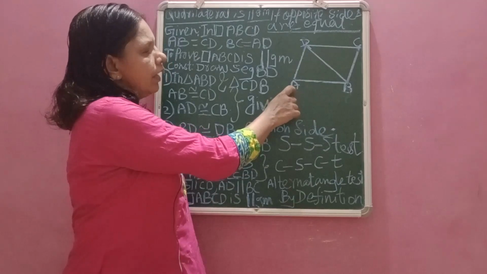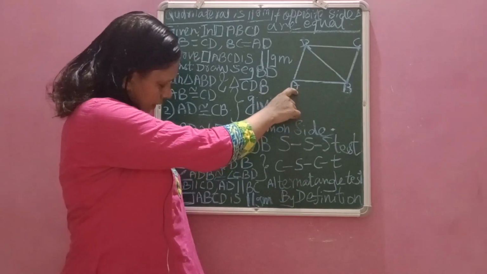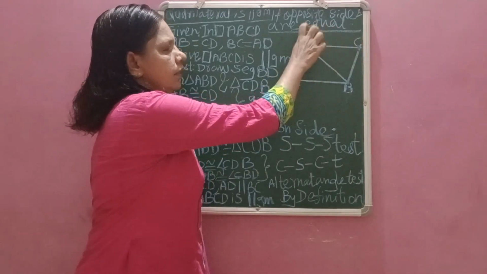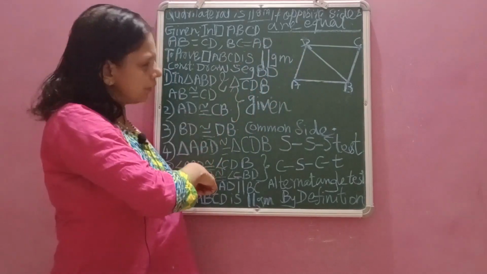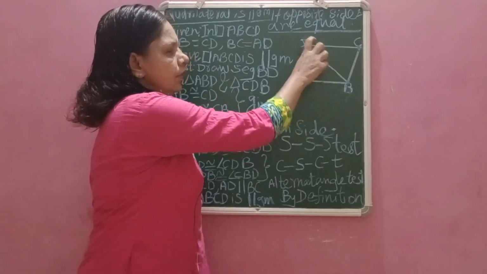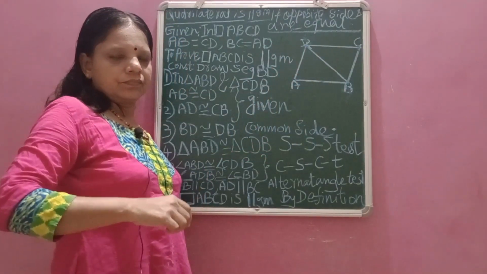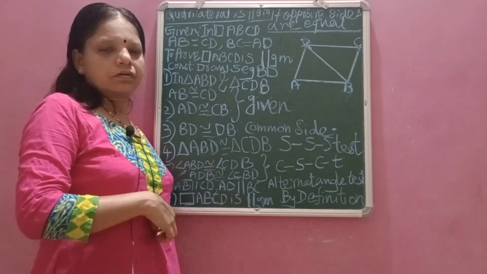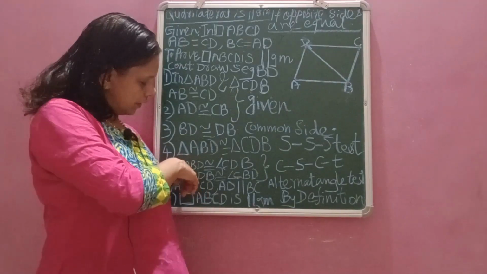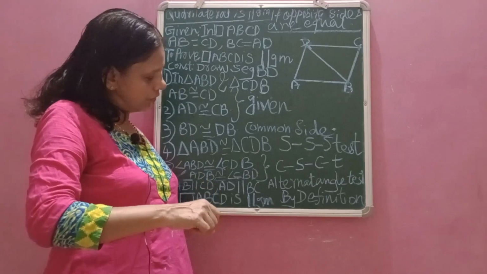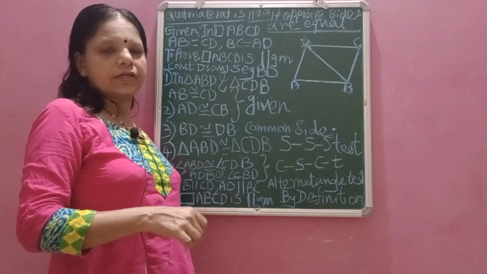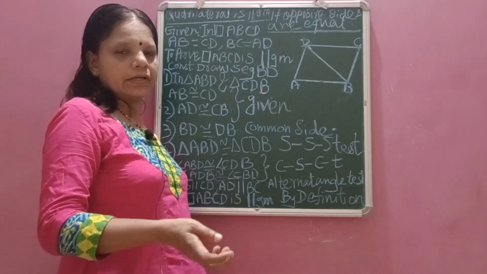Other pair: angle ADB congruent to angle CBD. What is the reason you will write? Corresponding angles of congruent triangles.